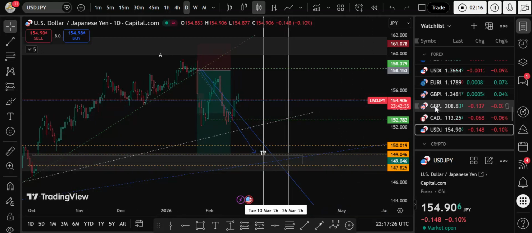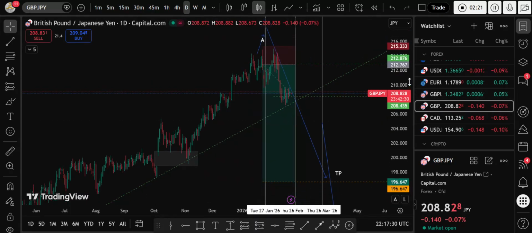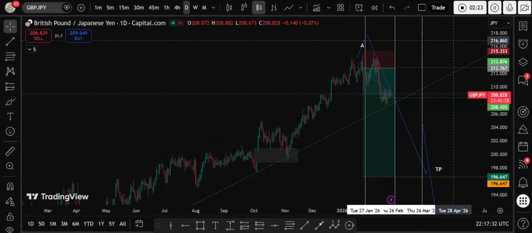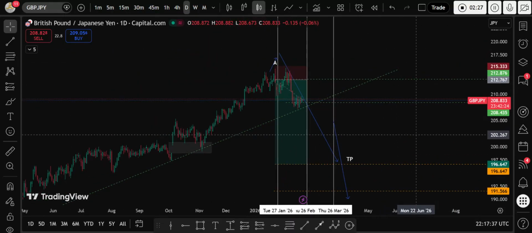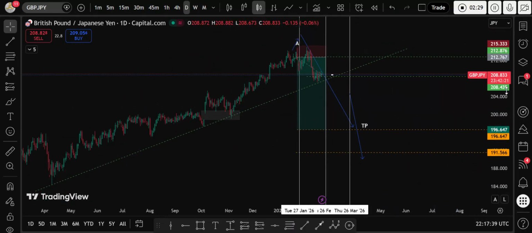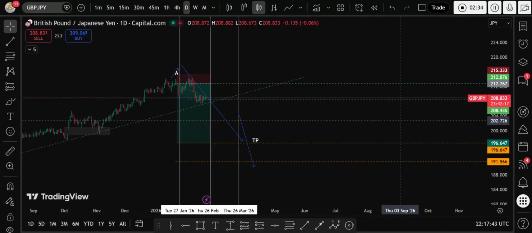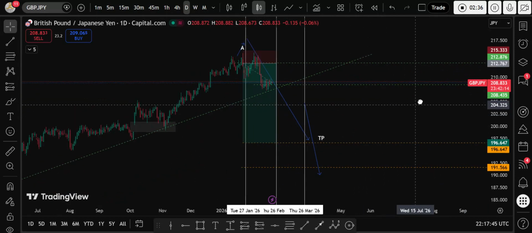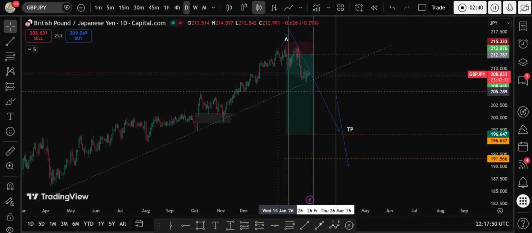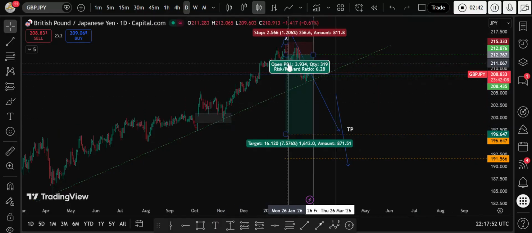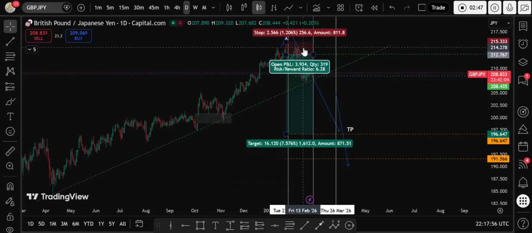So let's go to our second pair that we are also looking at, which is the GBPJPY pair. After that I'll look at Bitcoin, then I'll do a recap on Bitcoin. With our GBPJPY pair, it hasn't yet crossed our daily trend line. Someone will say, what if I draw a trend line from this point to that point?